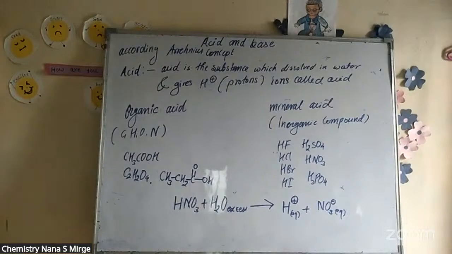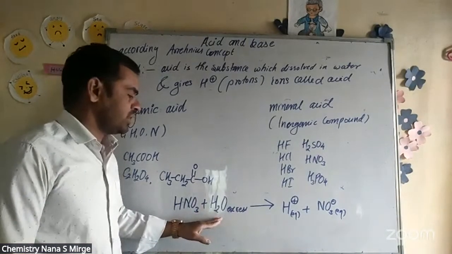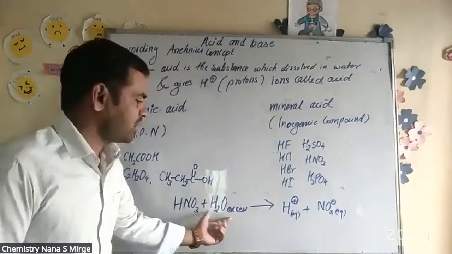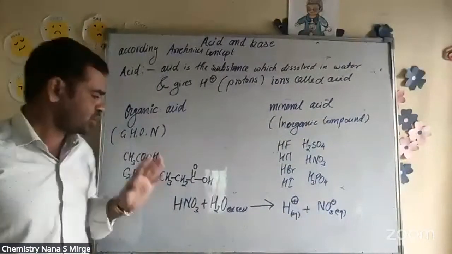Nitric acid dissociates in water to give H plus ion and NO3 negative ion, so it is also a mineral acid.